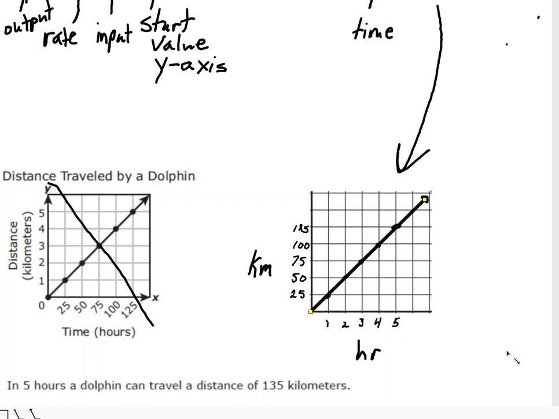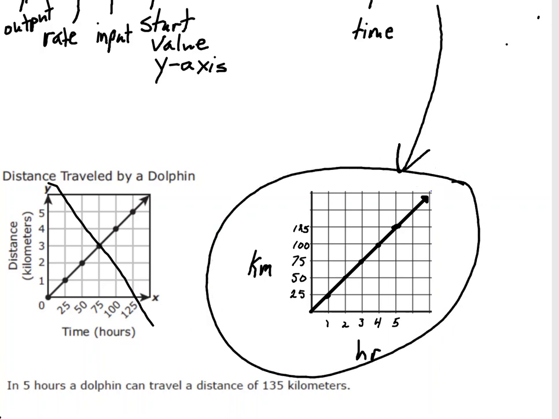So, just because the line looks right doesn't mean your graph is right. They're given distance values for time. That's wrong. This is over here, what I'm circling, is what your graph should look like if it were correct.